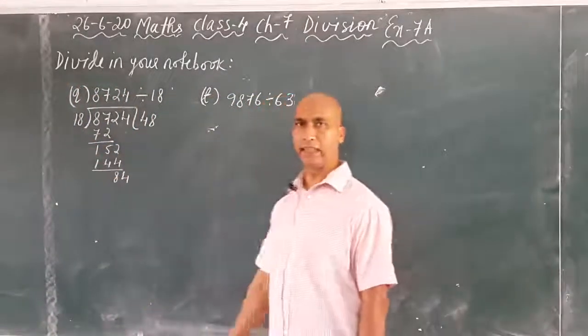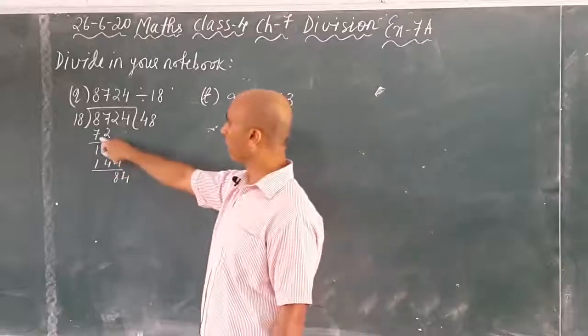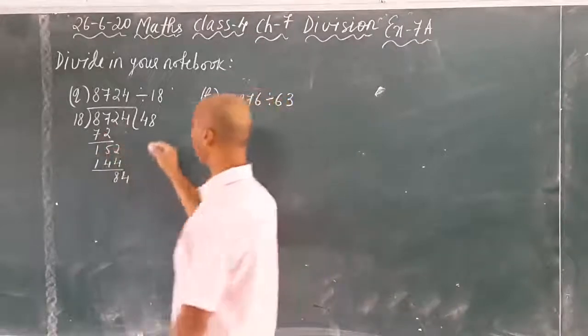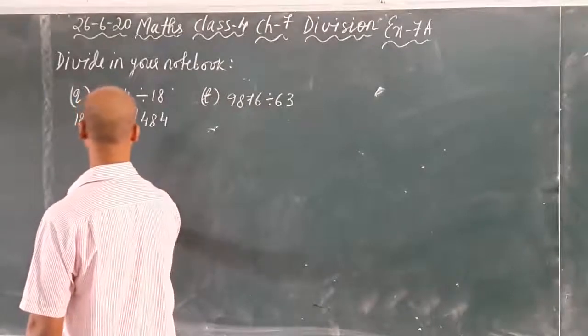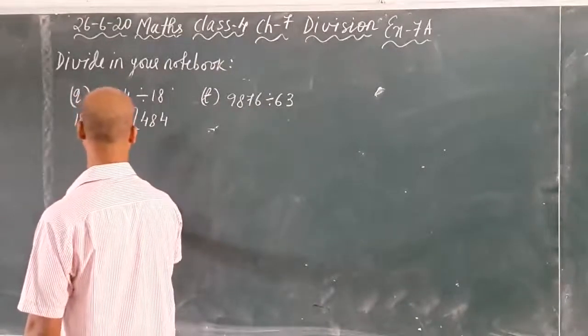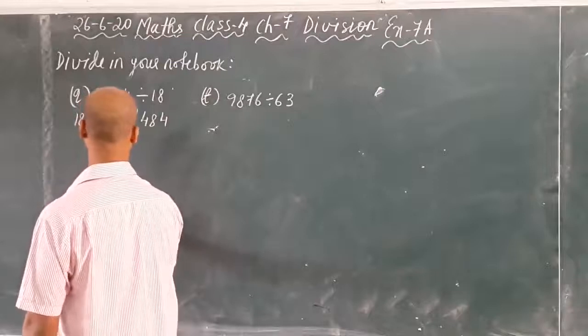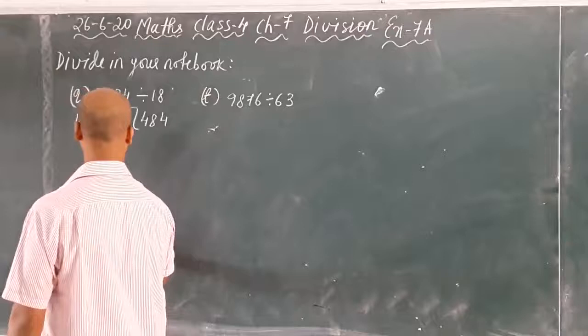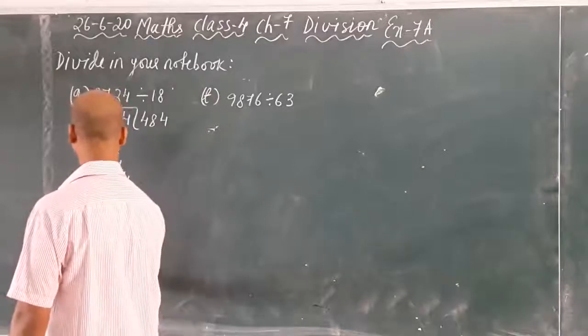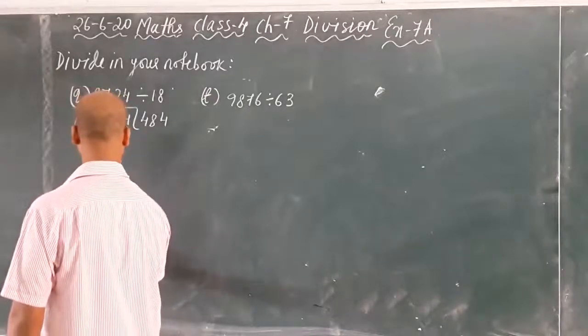Now 18 will go, you can see over here 72, so it will go 4 times, that is 72. From 4 you subtract 2, 2, from 8 subtract 7, 1. So the quotient is 484 and remainder is 12.